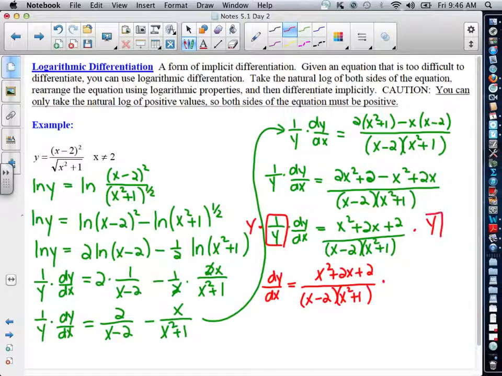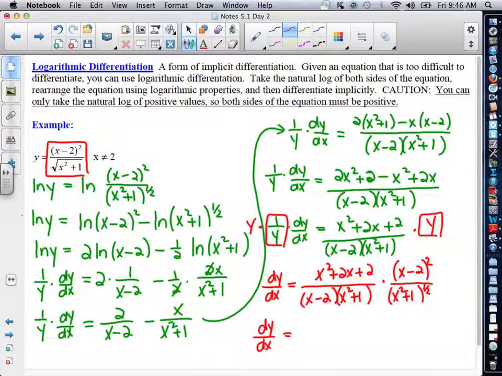Now, instead of using this y, I can go back to the original problem and I can write what y is equal to in terms of x. X minus 2 squared over x squared plus 1 to the 1/2. And then I can combine some like terms here. So I have an x minus 2 in the top and x minus 2 in the bottom.